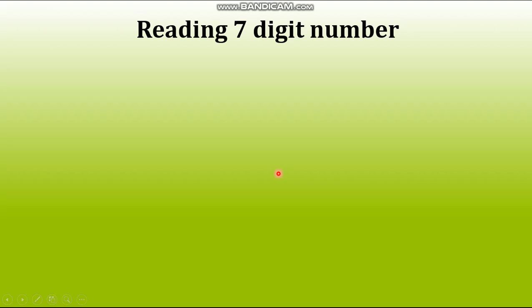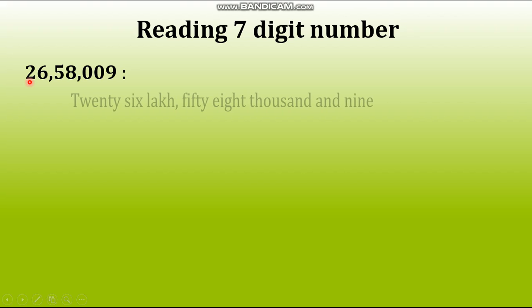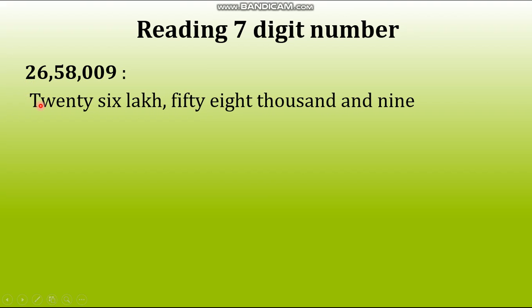Now let us learn how to read a 7-digit number. Here you can see the first number. Let us count the digits. 1, 2, 3, 4, 5, 6 and 7. So, in this way we are going to read it: 26 lakh 58,009.